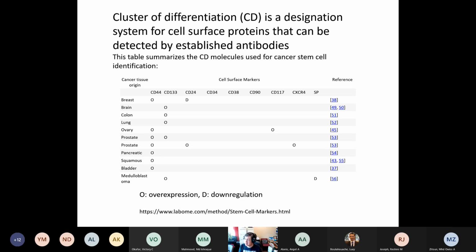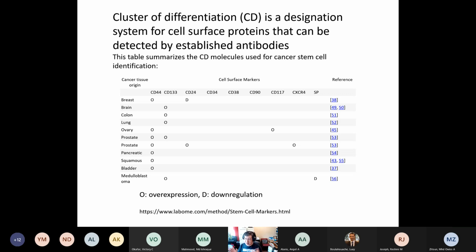If you have a protein, but there's never any antibody designed against that protein, then it doesn't belong to the CD system. If we say this cell surface marker is CD42, that means this is one of the proteins that can be a differentiation marker of the cells on the cell surface, but also that marker can be detected by some commercially available antibody.